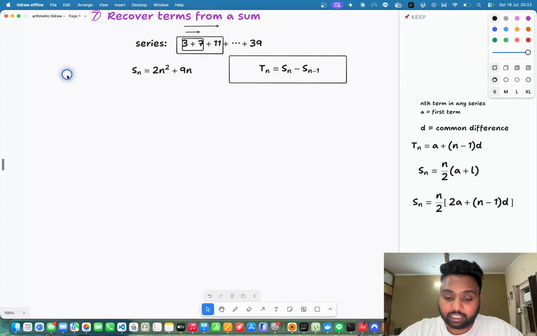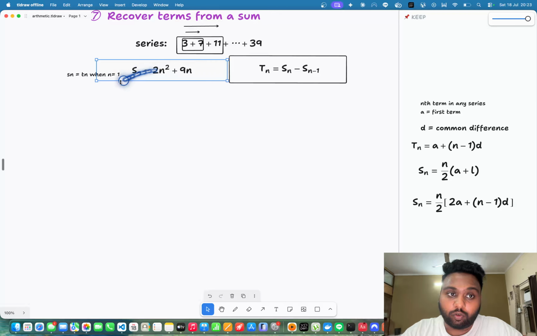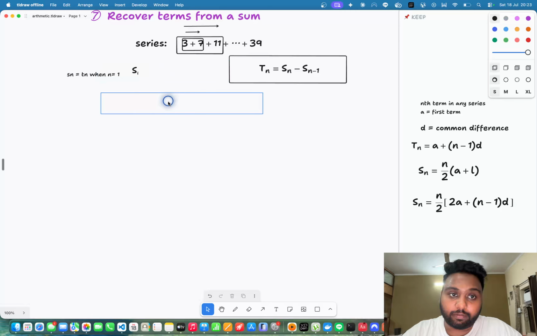So S of n is equal to T of n when n is equal to 1. So if I substitute n equal to 1 in this formula, what will I get?